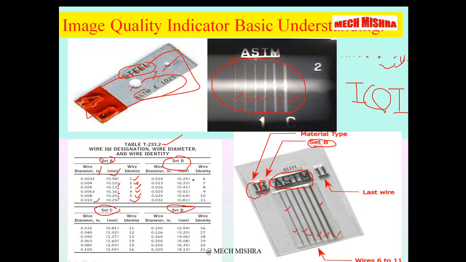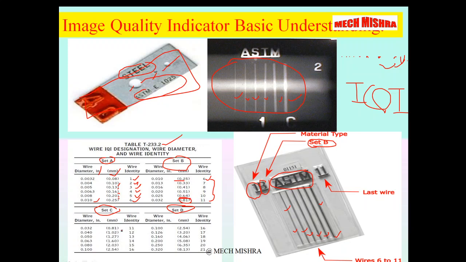After that, set B. We have ended here at 6, then set B started with the 6, means 0.25 dia. Then there will be wire identity 6 to 11, total 6 wires, and here we reached 0.81.